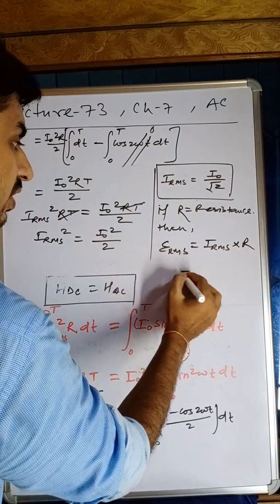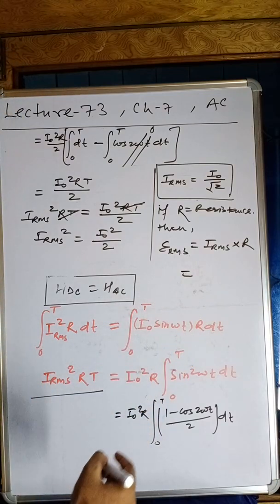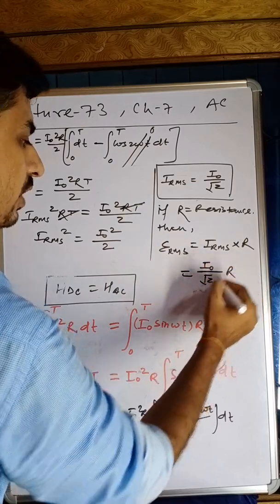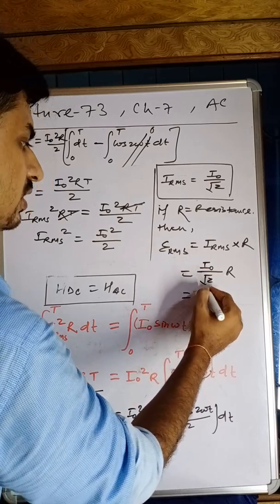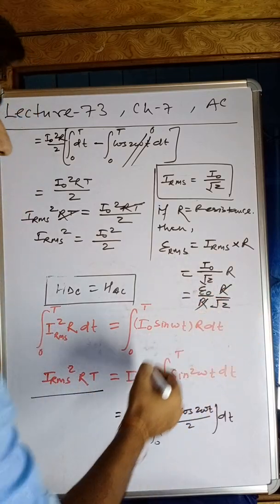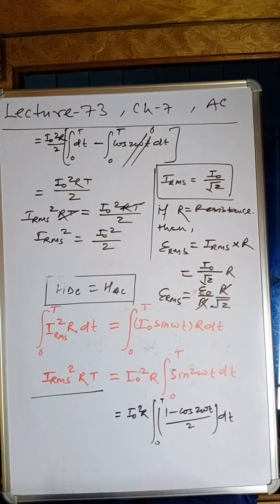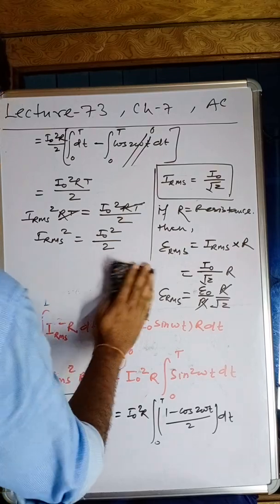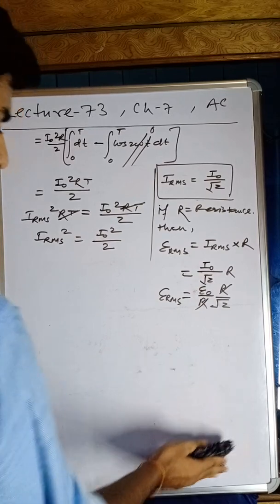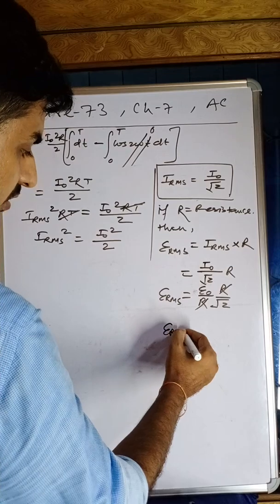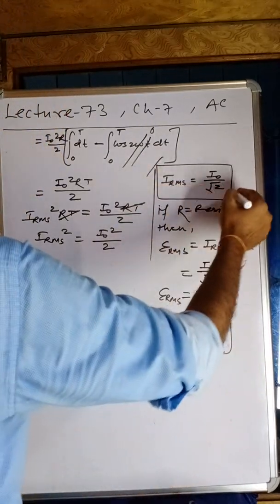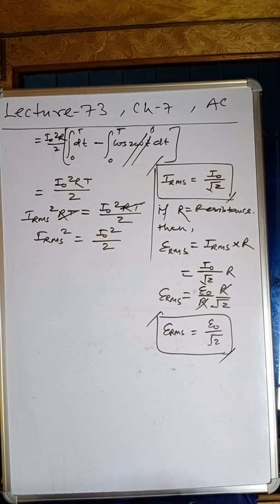So E RMS can be written as I naught by root 2 times R, and I naught is nothing but E naught by R, so R cancels and E RMS is E naught by root 2. So we can write here, E RMS and I RMS we got: E RMS is E naught by root 2, and I RMS is I naught by root 2.